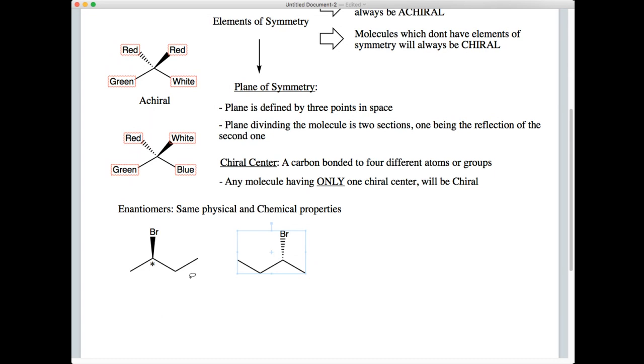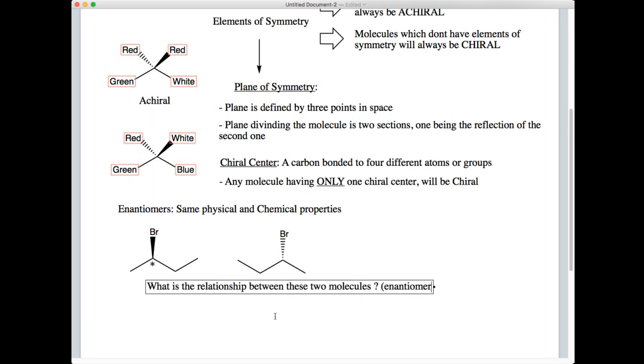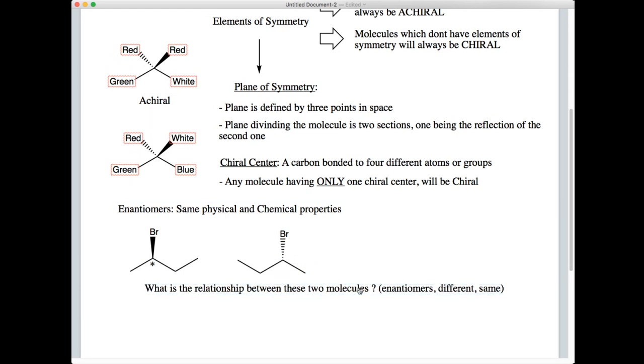So I want you guys to compare these 2 molecules. I'm gonna type a question here. What is the relationship between these 2 molecules? And what I mean is, are they enantiomers? Are they different molecules? Are they the same molecule?